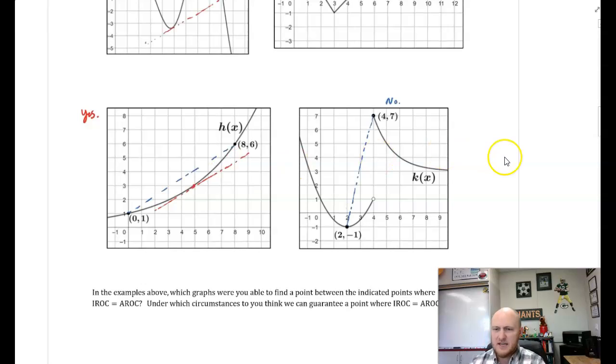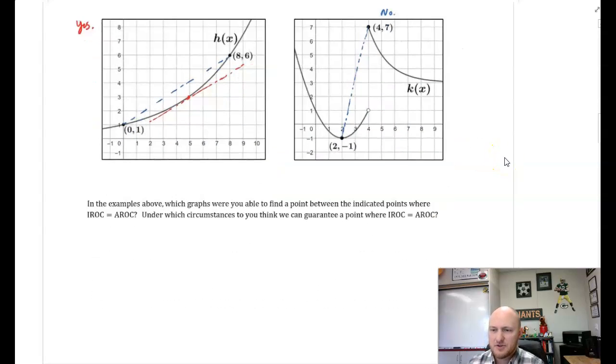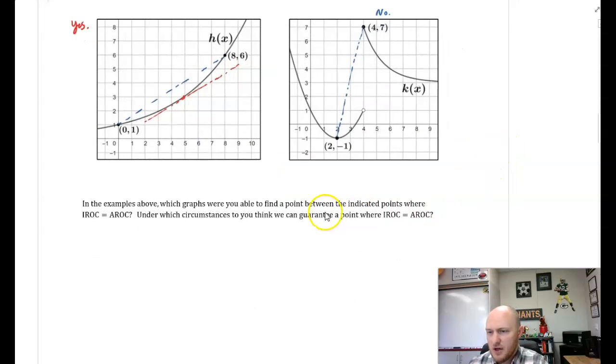So, in the examples above, which graphs were you able to find a point between the indicated points where the instantaneous rate of change is equal to the average rate of change? And under which circumstances do you think we can guarantee a point where the instantaneous rate of change is equal to the average rate of change?